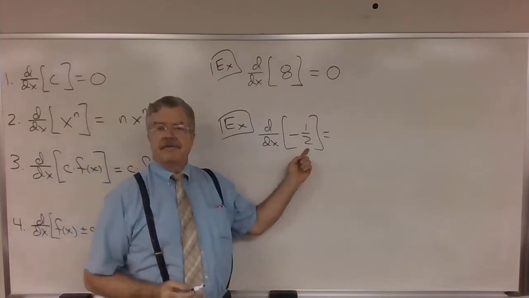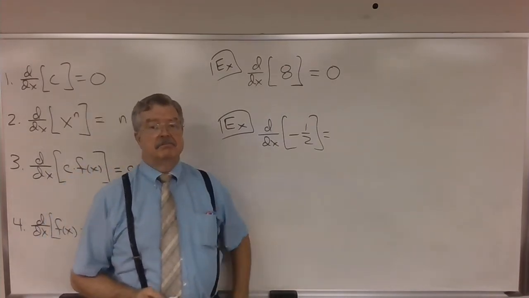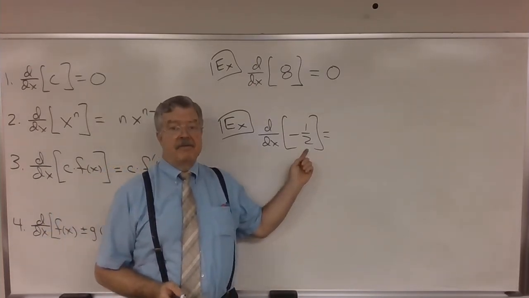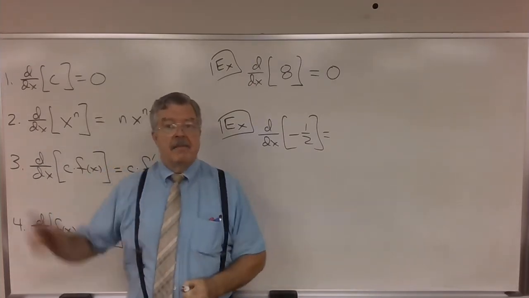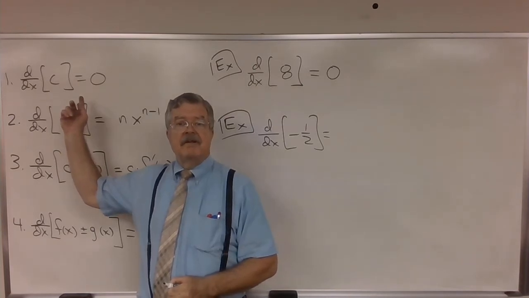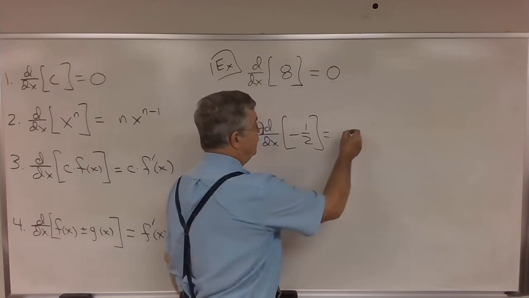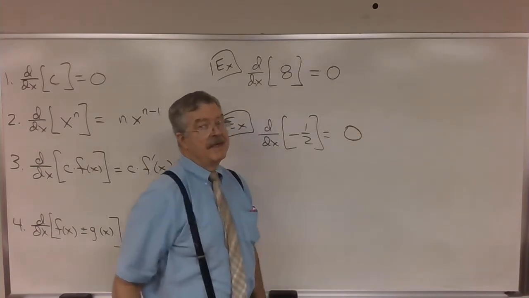What about the derivative of negative 1/2? Well, negative 1/2 is a constant, right? And property number 1 tells us that the derivative of a constant is 0. Well, that was easy.